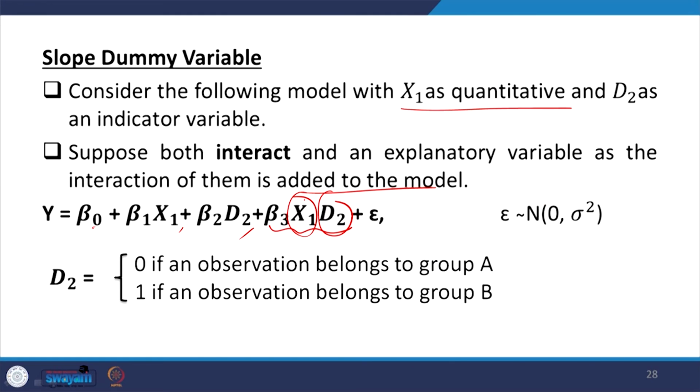Now, if we estimate the expected value of y given the dummy, how do we do that? We simply have to put the value of the dummy d2 as 0 and 1.